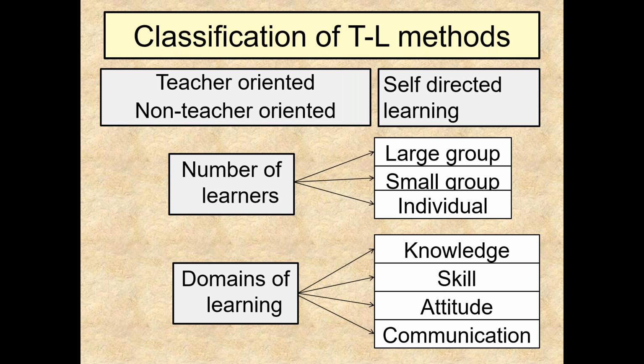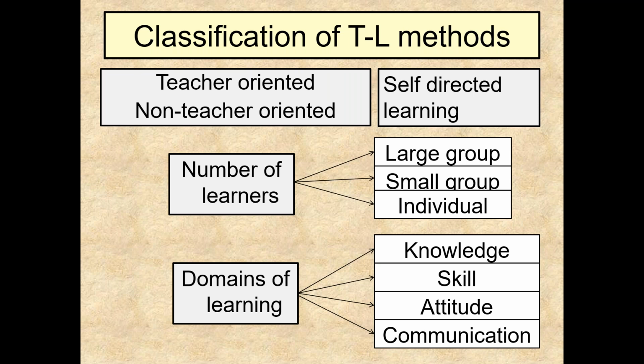Self-directed learning, I have kept separately because there is another topic on that separately. Then you can classify all these methods depending on the number of learners, that is large group, small group, and individual, depending upon the domains of learning: knowledge, skill, attitude, and communication.